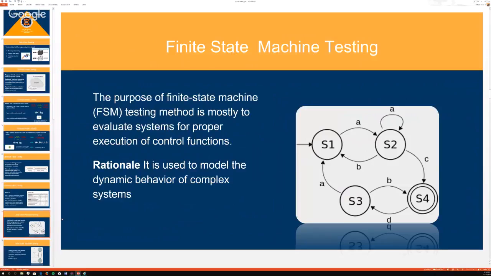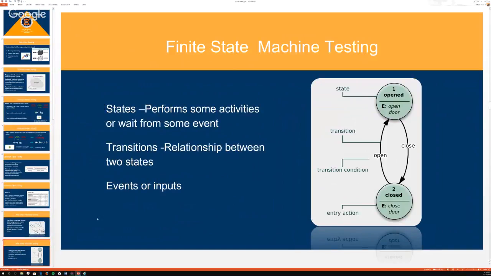And I have an example here that is not that complex. So we have to define three elements to do these tests.